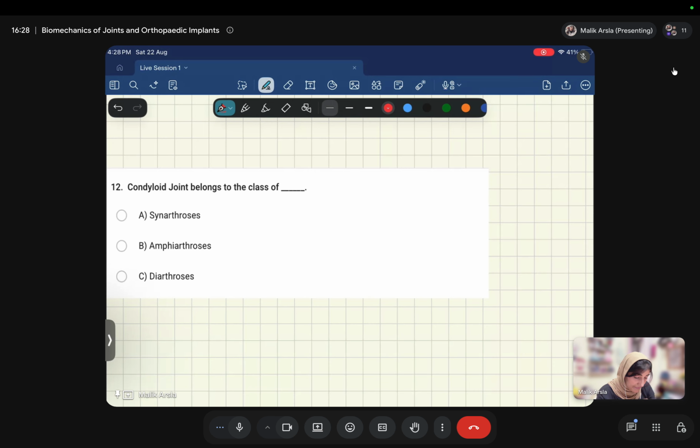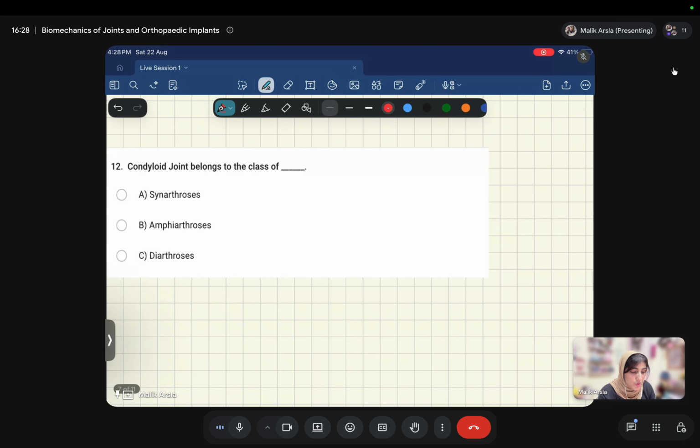Now this is also somewhat similar to the synovial joints. I don't exactly remember whether it can be classified as a synovial joint or not, but it is similar. If we look at the functionality of this joint, it fits well into diarthrosis because it provides complete movement.